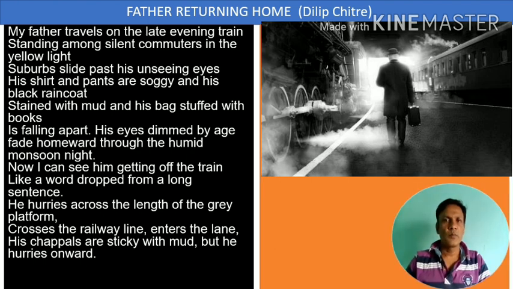I told you that the poem is an autobiographical poem, but the poem Father Returning Home has gone beyond its autobiographical significance. Now this poem is an account of any old person who lives in the metropolitan cities like Mumbai, and he is the only bread earner for his family.